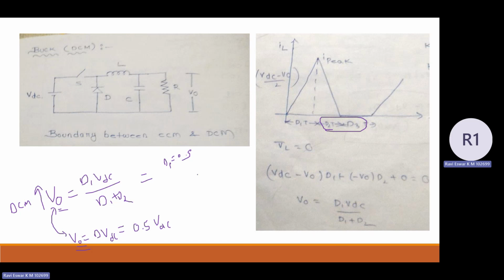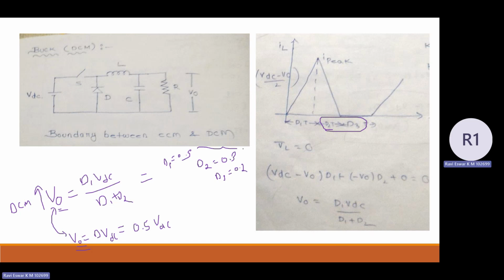Let me take D2 as 0.3, for example, and D3 as 0.2.